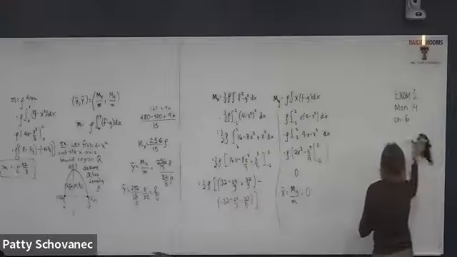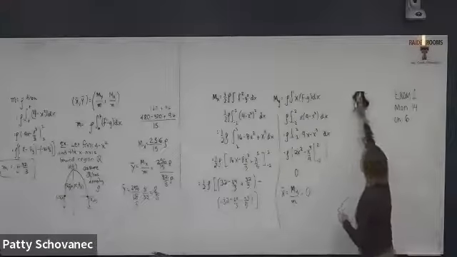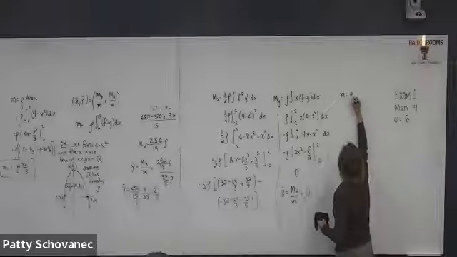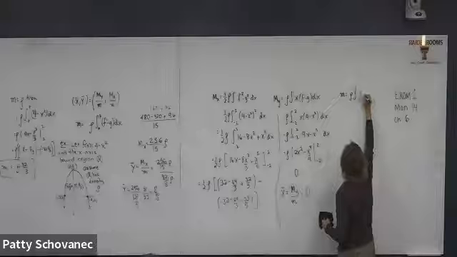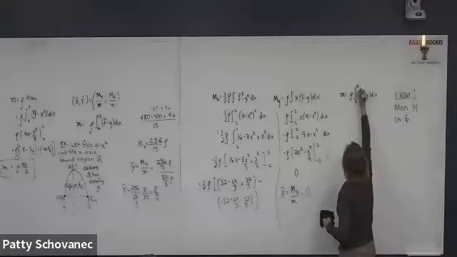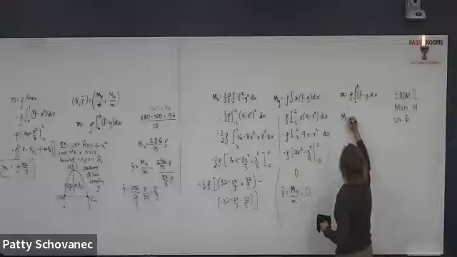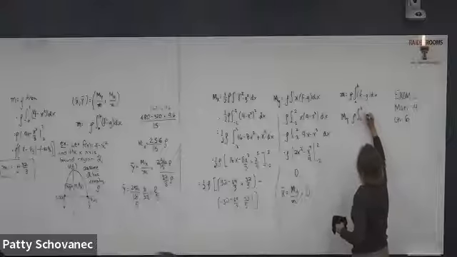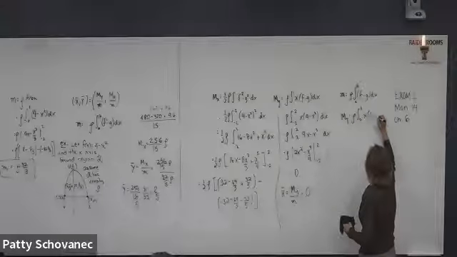So the right formula is over here again, and I'll do another example. The mass is the density times the area. The moment with respect to the y-axis is the density times the average distance from the y-axis times the area.